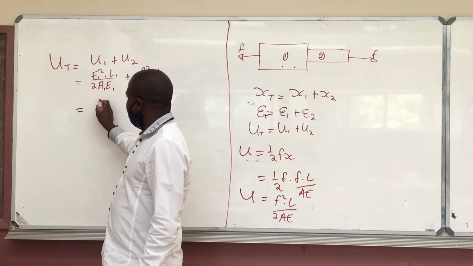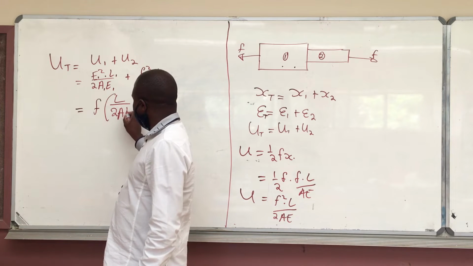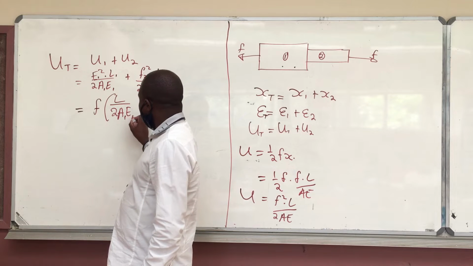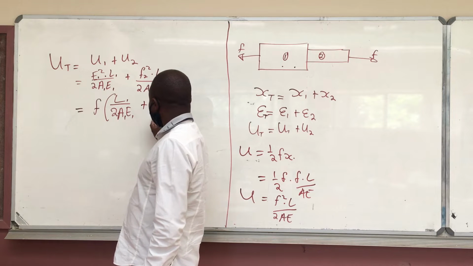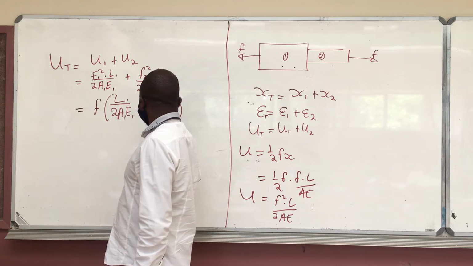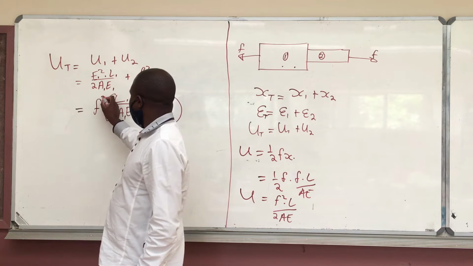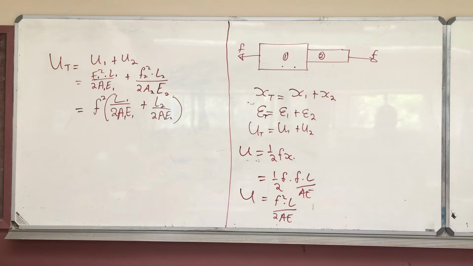Meaning you can still say F squared into L1 over 2A1E1 plus L2 over 2A2E2. There must be a square because the forces are equal.